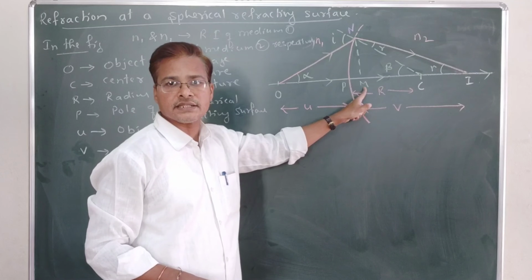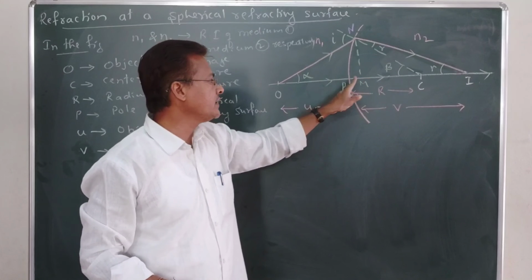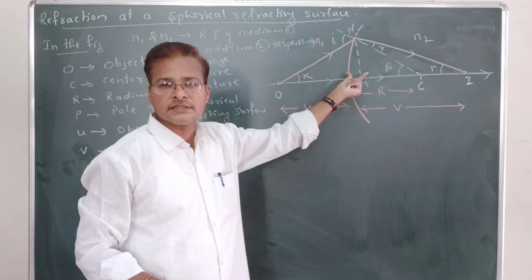Here we have constructed NM. That is the construction. It is perpendicular to the principal axis because it is near the pole, so the distance is not much.